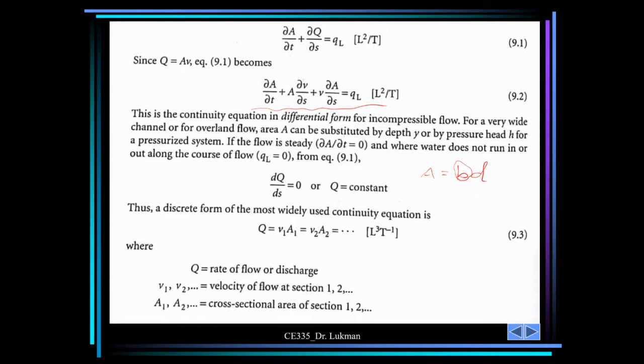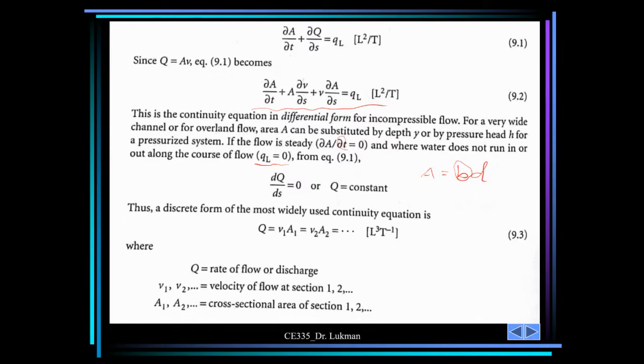So for steady flow, dA/dt equals 0. And where the water does not run in or out along the course, you have QL be 0, meaning you don't have lateral input coming. So QL equals 0.